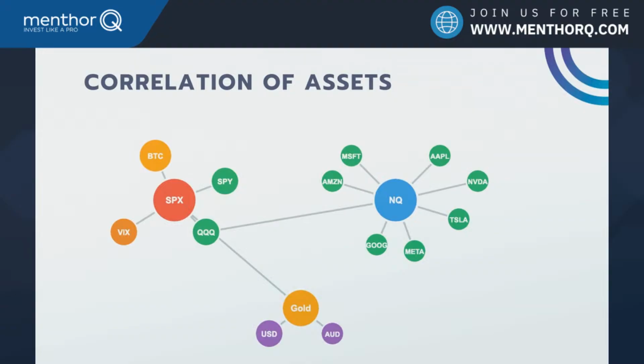And then on the other hand, we have our NQ, and NQ is highly correlated with our Mag 7 companies. And then, of course, at the bottom, we have things like gold that are highly correlated with currency and other factors. So by understanding this correlation and how this moves, and this is, of course, a complex model that we have on our back end, it can help you get really good information on the asset that you trade.